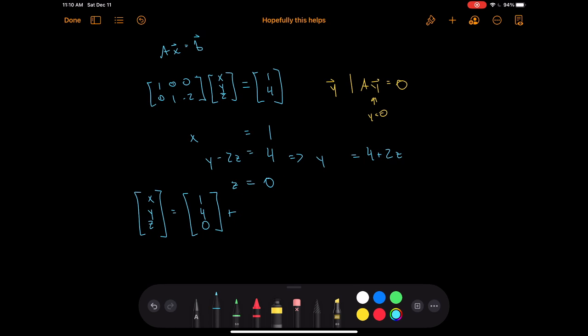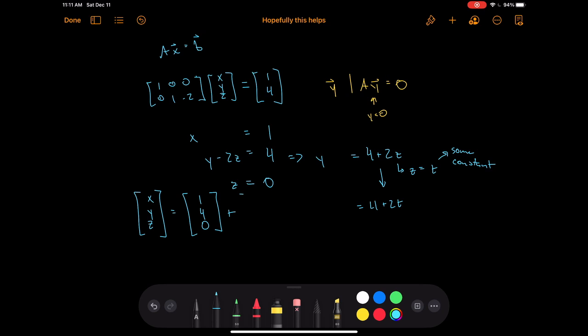So we're going to let this z equal to t, where t is just some constant, and then what we end up getting is this portion here would be 4 plus 2t.